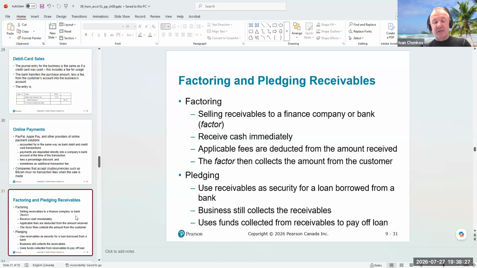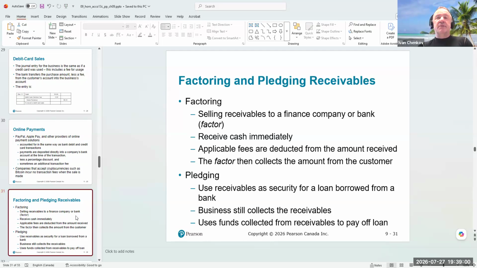Some of those companies even tell you they'll try to collect the money, and for every dollar they collect, they'll give you 40 cents. That's a little bit too much if you ask me. So if you have accounts receivable, you had better try to collect them by yourself. That's going to save you some money.